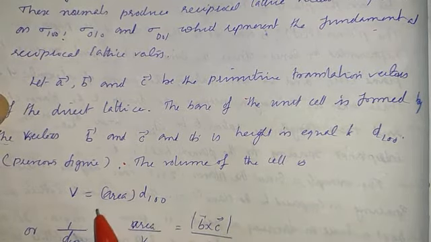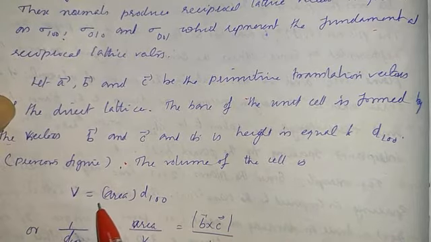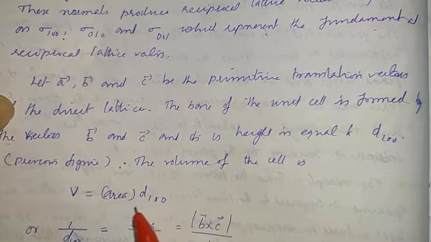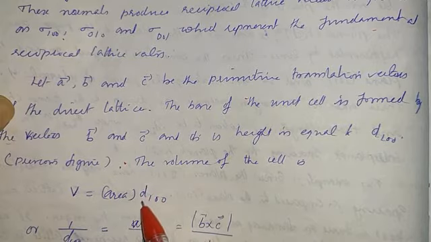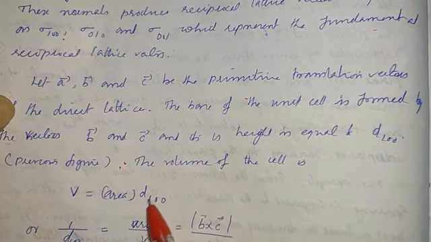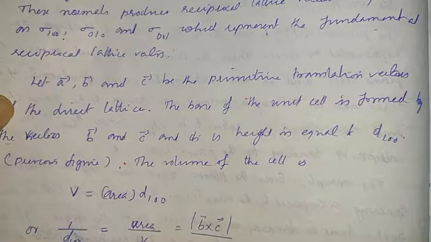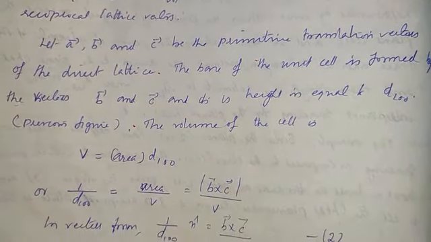The volume of this cell V is equal to the area times this height, the area of this cell and the height of these planes.